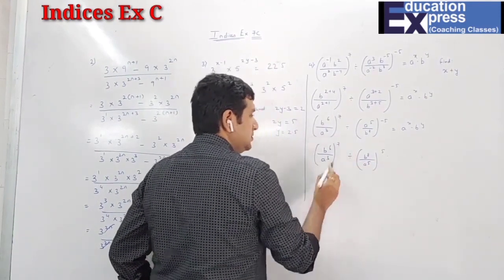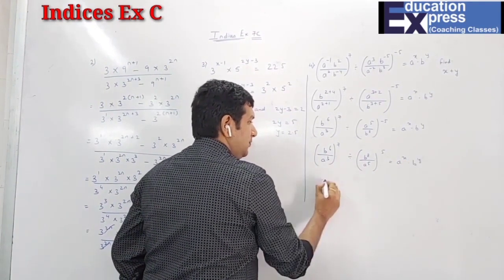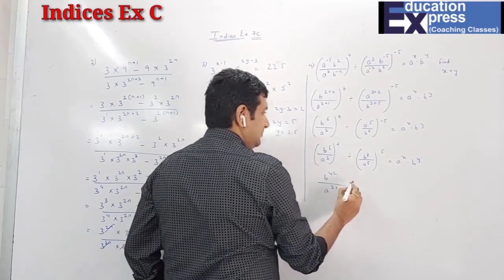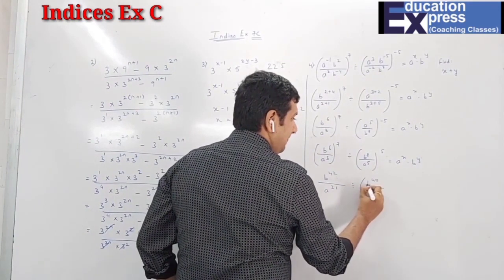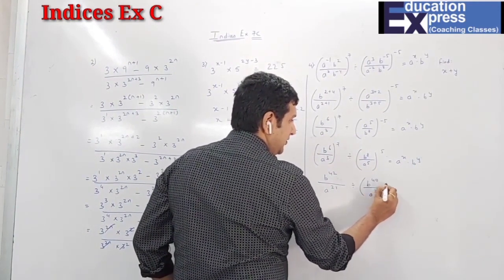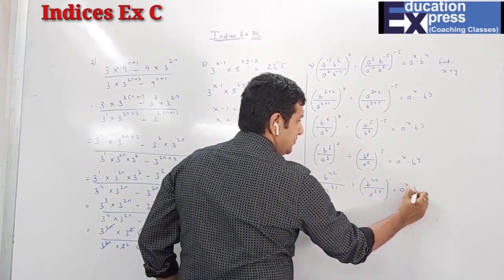So now students over here, b raised to 42, a raised to 21, b raised to 40 and a raised to 25 equals to a raised to x and b raised to y.